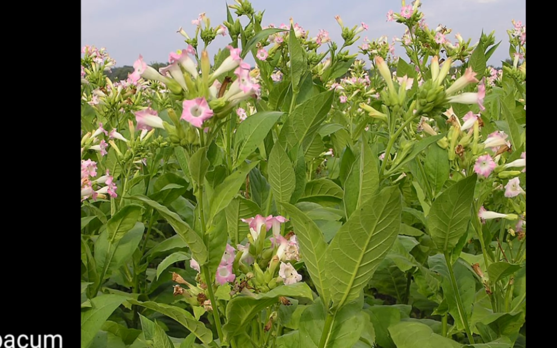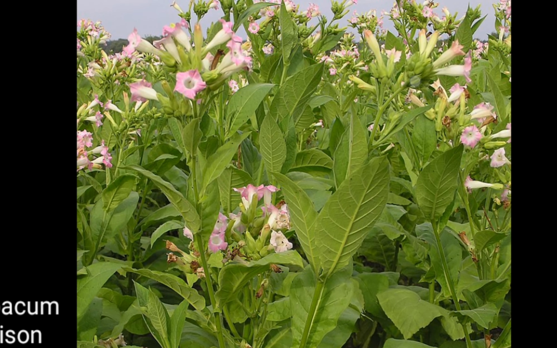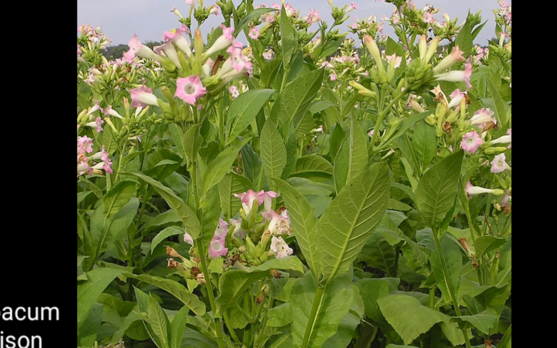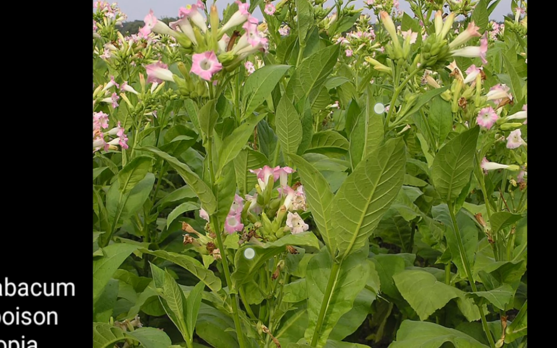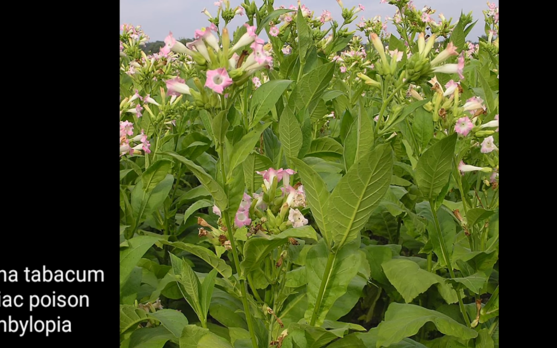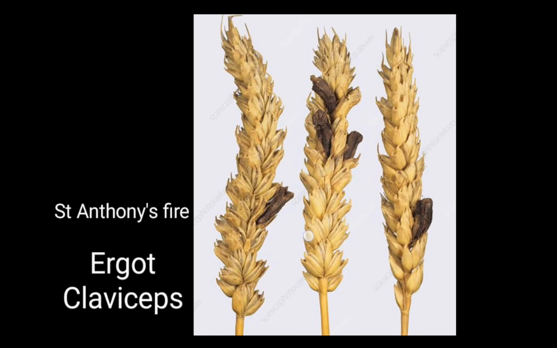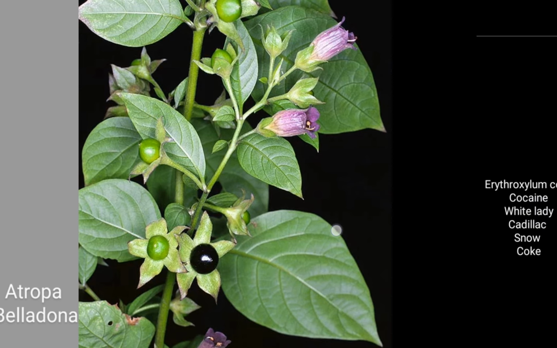It has purplish flowers and a big cluster of these flowers. Here is a cluster, here is a cluster from which flowers are emerging, and on the top it is purple and whitish, while in Atropa belladonna the whole flower was purple. In nicotine only this part is purple and the other part is white.